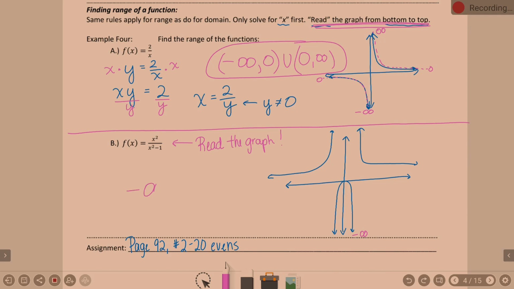Negative infinity, which always uses a parenthesis. Now, okay, we're following this parabola up. What happens? It stops, yes. Does the rest of my graph immediately pick up? No. Where does it stop at? Yeah, it's the y value of 0, right? Because it's the ordered pair 0, 0.